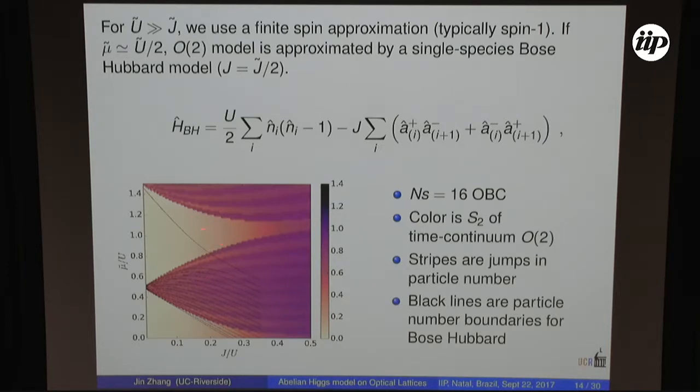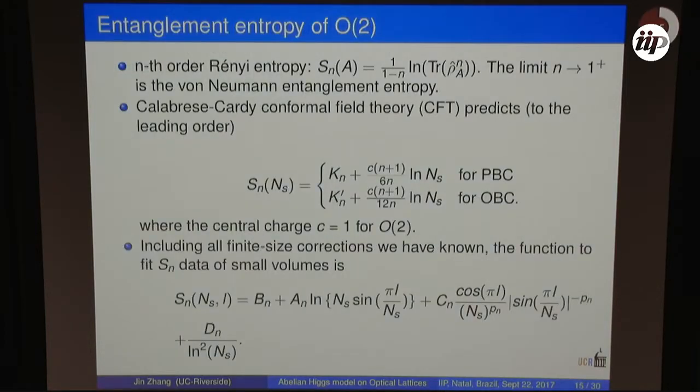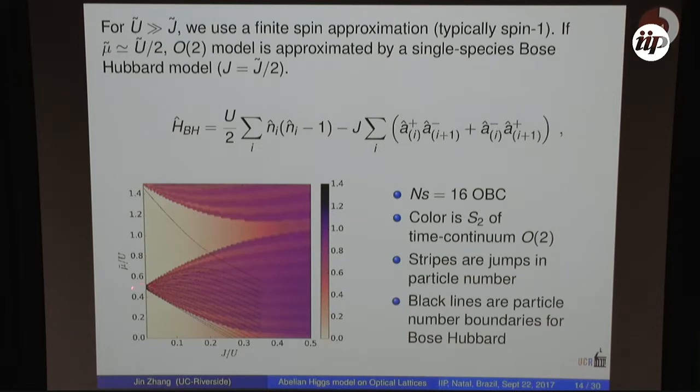And here it's a Mott insulator with unity filling. And the black lines are for the Bose-Hubbard model. We see that if J over U is very small, these two models are nearly the same. So we will be working in this region.